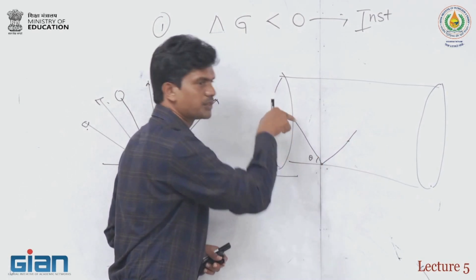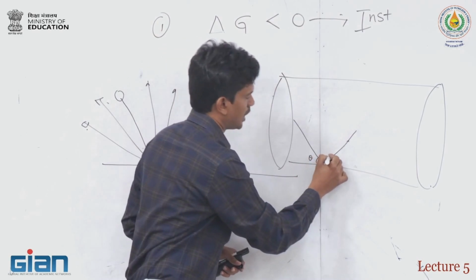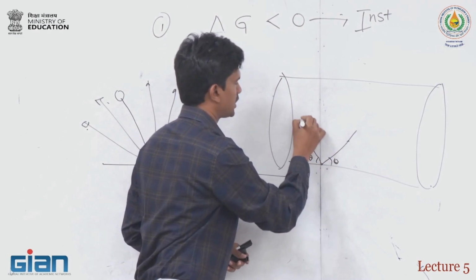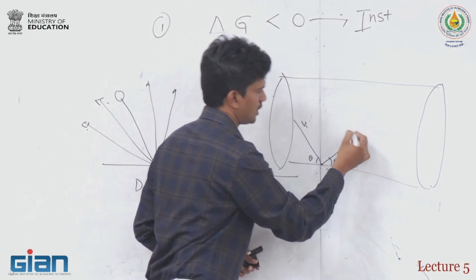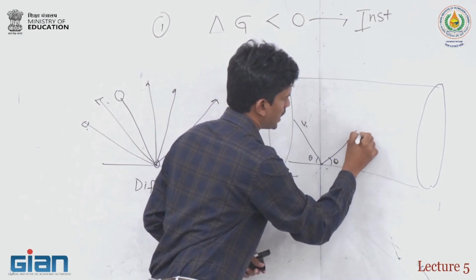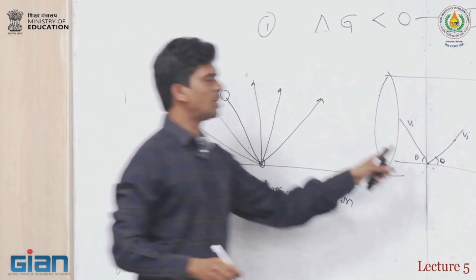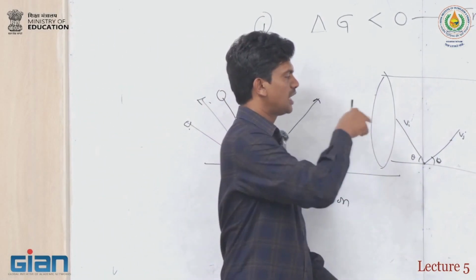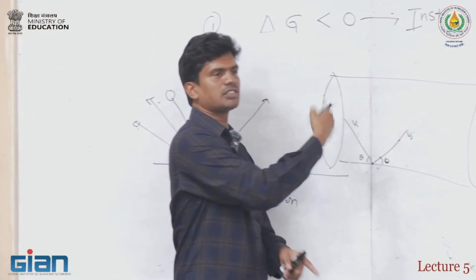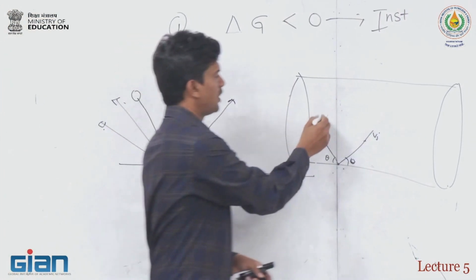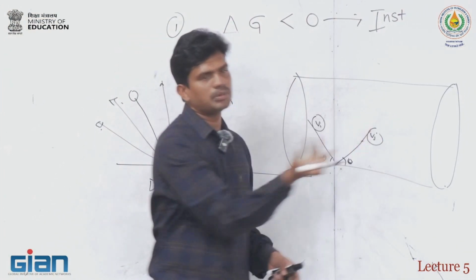Say, for example, it comes with an angle theta, it will also go with theta. If it comes with velocity vi or momentum, it also leaves with the same velocity. It will not lose the velocity, it will not change the direction. So the angle of incidence is equivalent to the angle of reflection, and the velocity or momentum will be conserved.